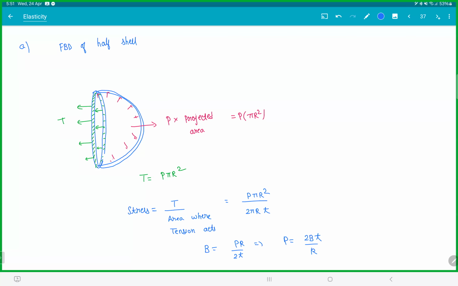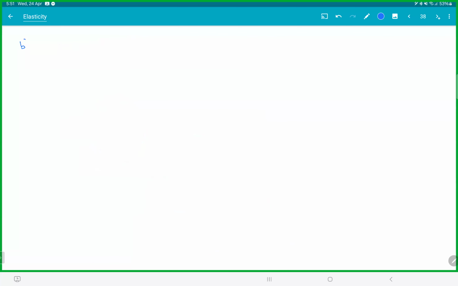For the cylinder, take a thin element like this, with angle theta. Now we are taking a cross section somewhat like this.